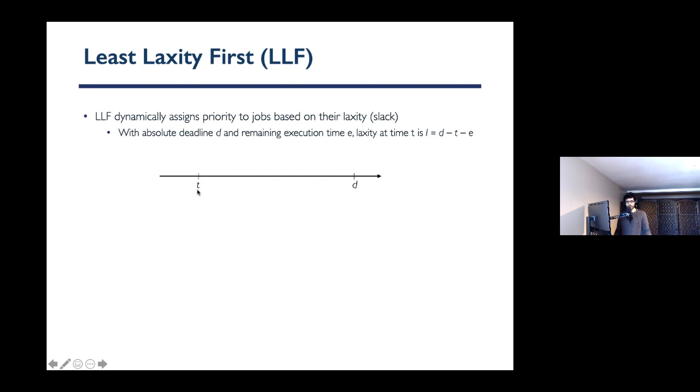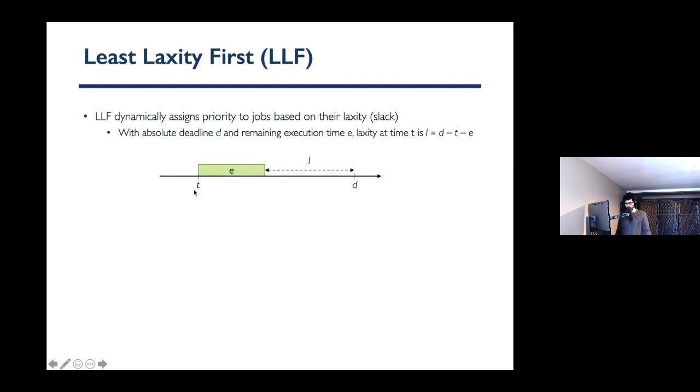Let's say we're at time t, and the deadline of my task is time d, sometime in the future. This is the deadline. Then, assuming that I have e time units remaining of my task, or my job to execute, the laxity of my task is basically the slack I have.